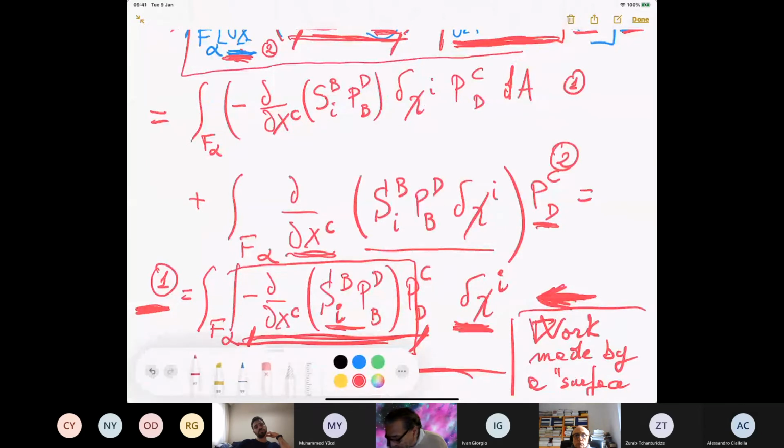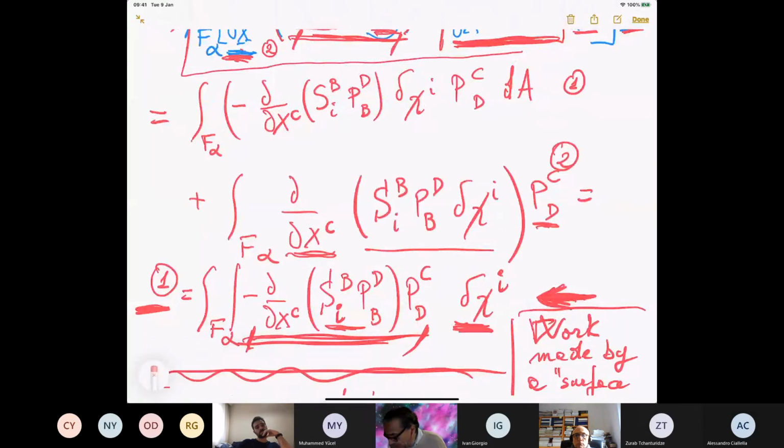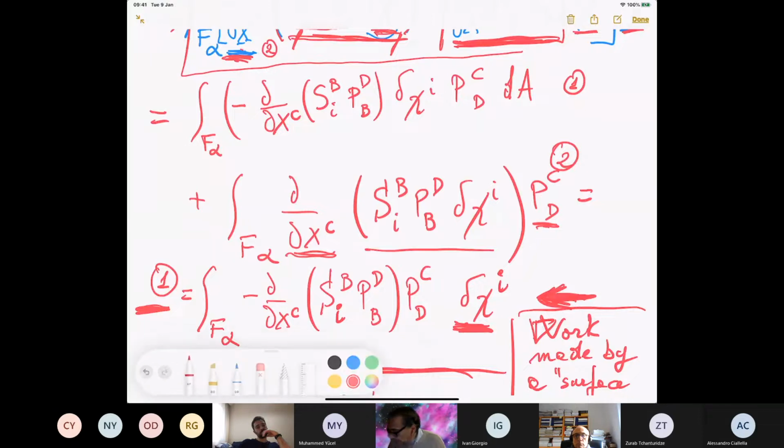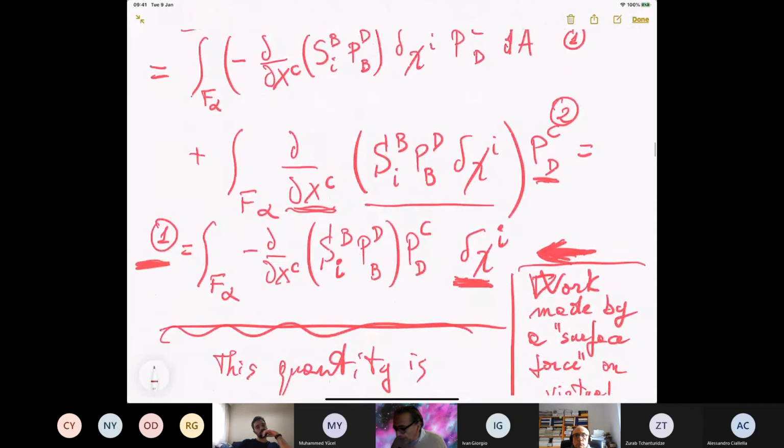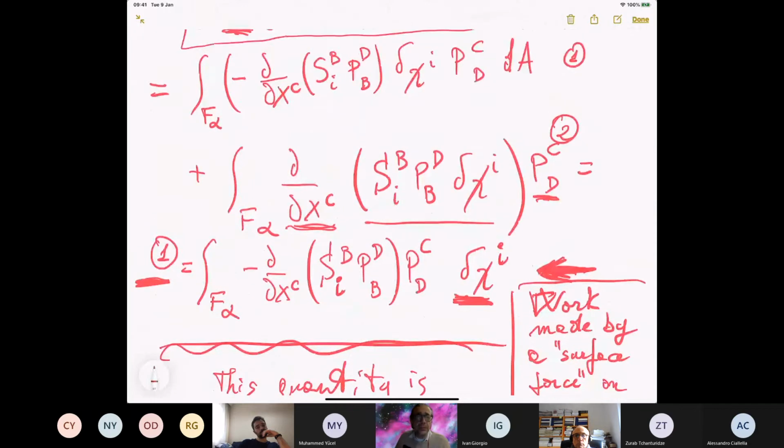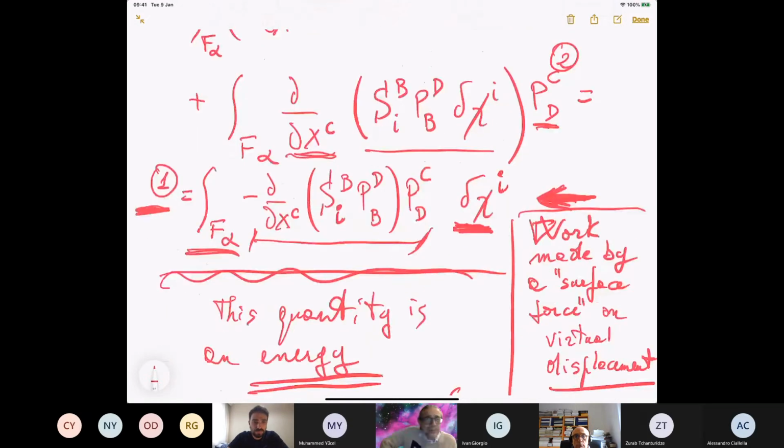1 is a revolutionary term. Maybe it is not revolutionary. It is a totally new term. Look what it is. You have an integral on a surface of a density of something times delta_ki. And this integral is a work, an energy.